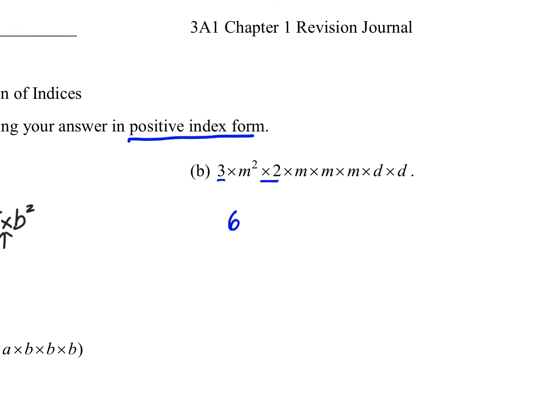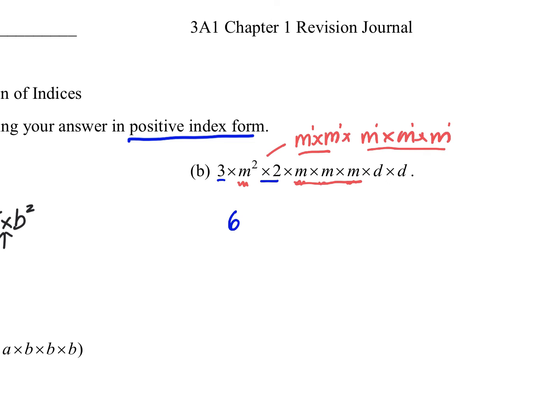Then what does the next one mean? We have m squared, and we have m. So this one actually means m times m, and this one, I have another 3 more. So in total, I will have 2 with another 3 more, which is 5.